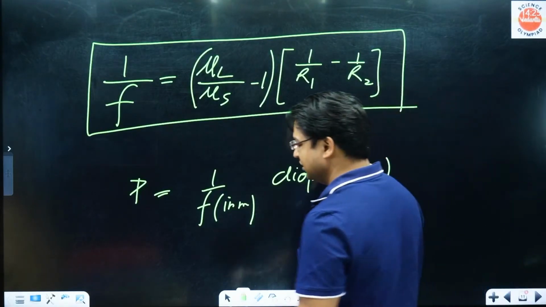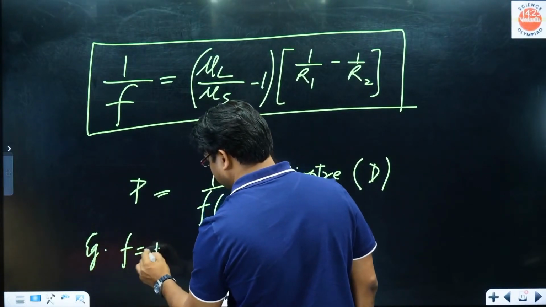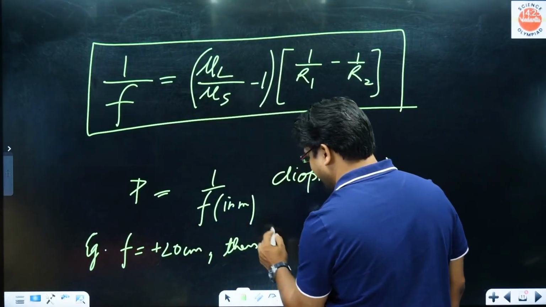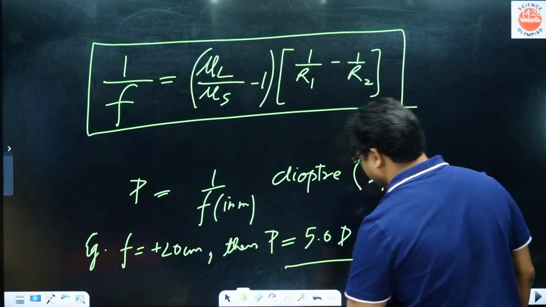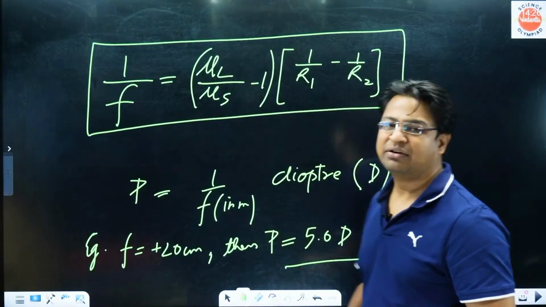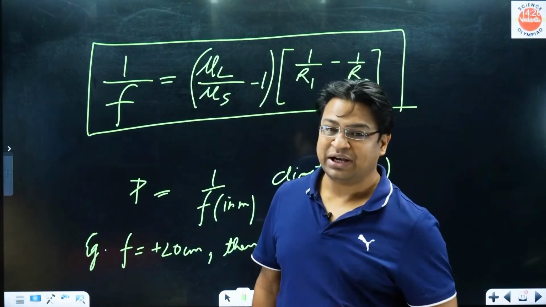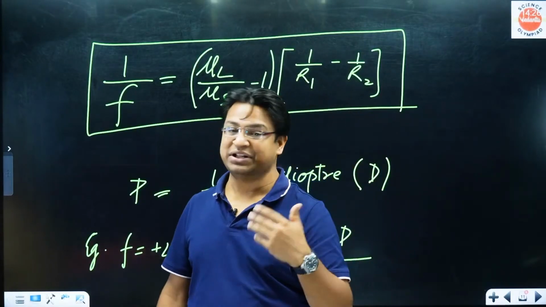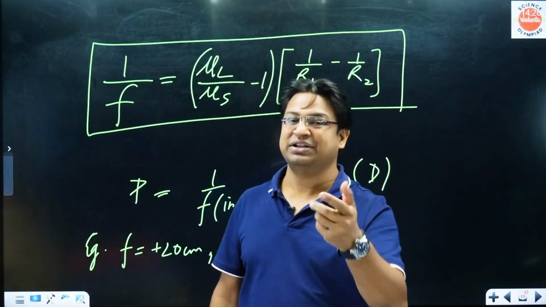For example, if focal length is plus 20 centimeter, then we will write power as 5 diopters. This is the same thing that people who are wearing specs would know: my power is minus 3.5. They use these statements to indicate the deficiency in their vision.